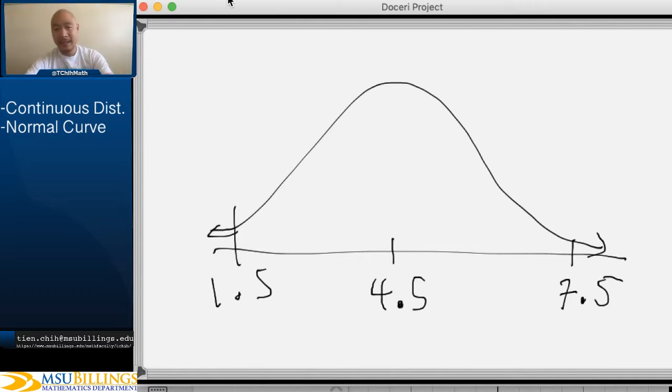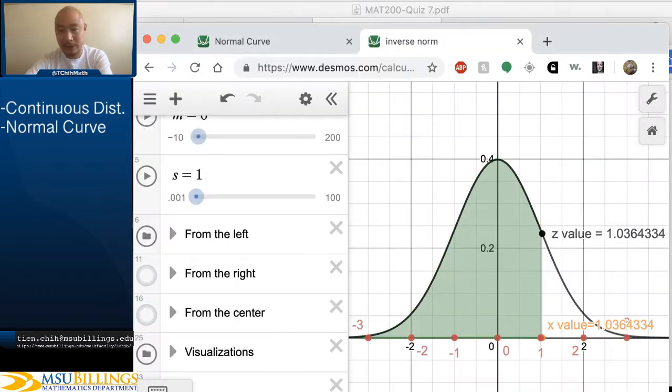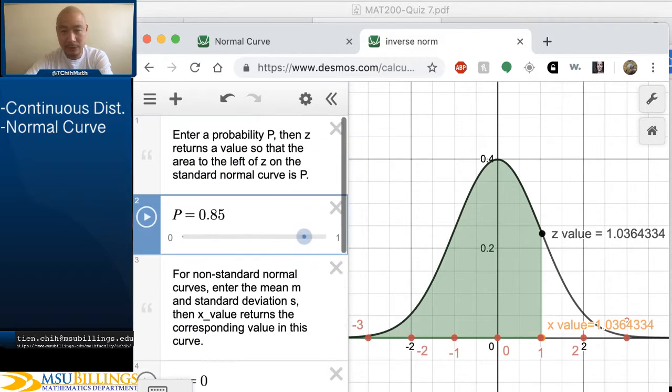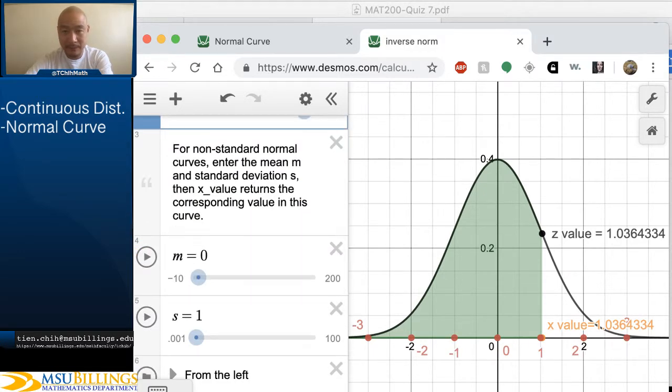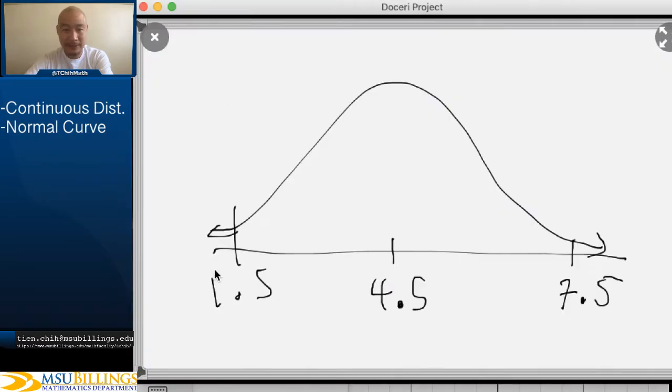All right. And so the first question that we were asked is, what is the probability that a runner finishes before 4 hours? Let's go back to that.